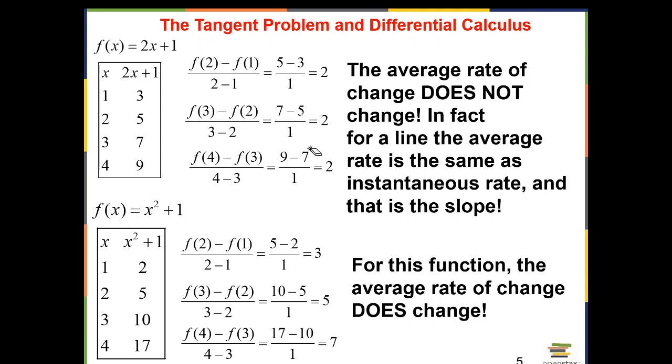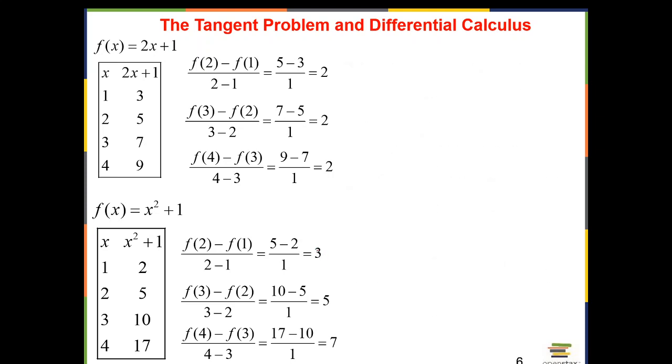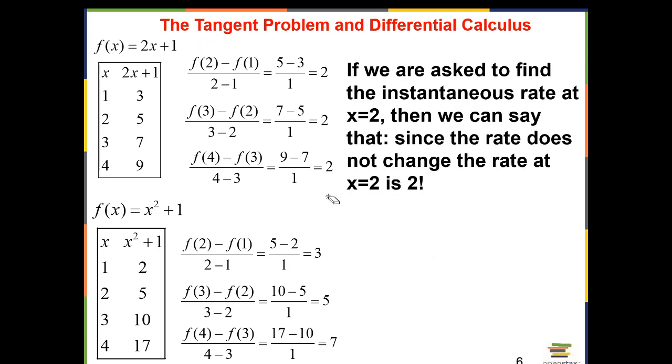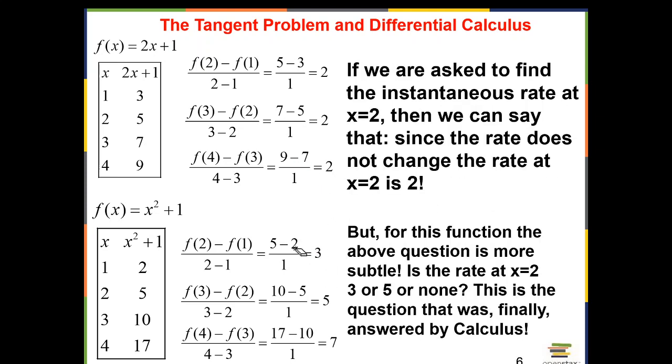But if I ask you how fast I was going an hour after I started, well, we don't know. That would be the instantaneous rate. We talked about all that already.